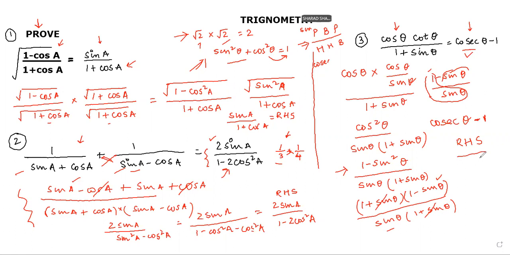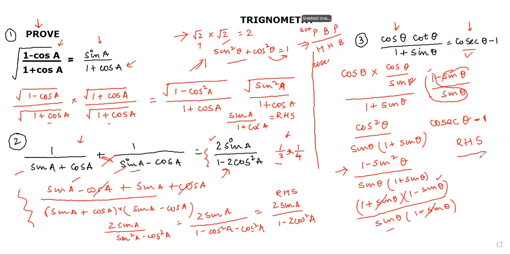I'm sure with these three sums, you got the method to solve. See, every question needs a method, needs an automatic thinking process. So if you can follow that, then proving to the right-hand side becomes easy.